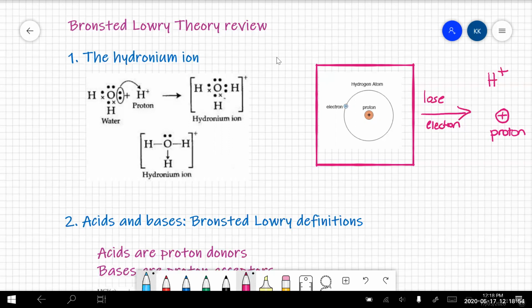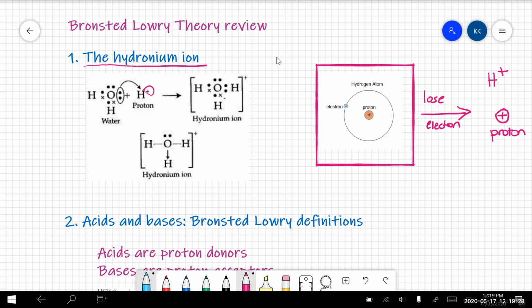So, formation of the hydronium ion. When this proton comes in contact with a water molecule, we form a coordinate covalent bond, or a dative bond. The hydrogen, because it's positive, is attracted to the lone pair, the non-bonding pair of electrons on the water molecule, and that attraction is enough to hold the hydrogen onto the water molecule.